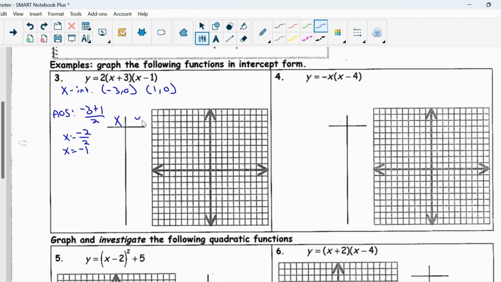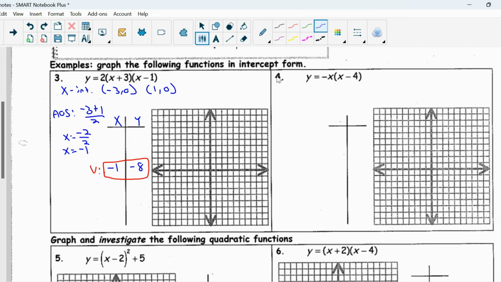So if we were to fill out this table, let's take our -1 value and substitute it into our equation. -1 for x would give us -2 times 2 times 2. So that would give us -8. And that right there is our vertex.